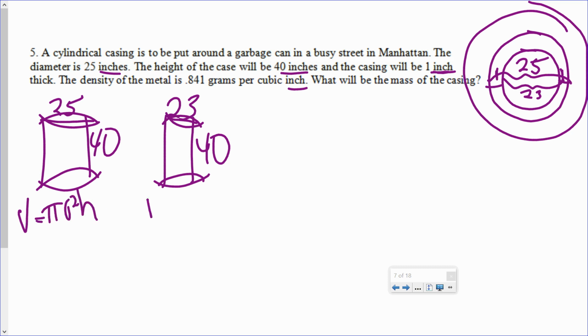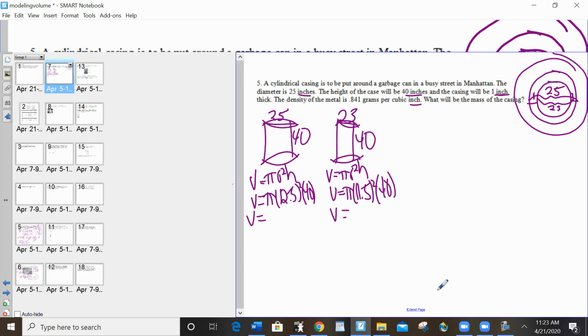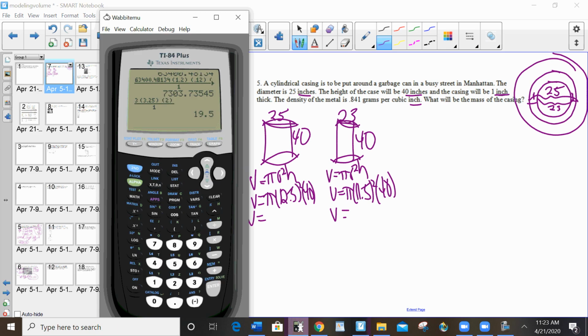This is from your reference sheet. I don't feel the need to flip back. Again, the radius is half of the diameter, so for this one it's 12.5. And for this one, it's 11.5. I go to my calculator.